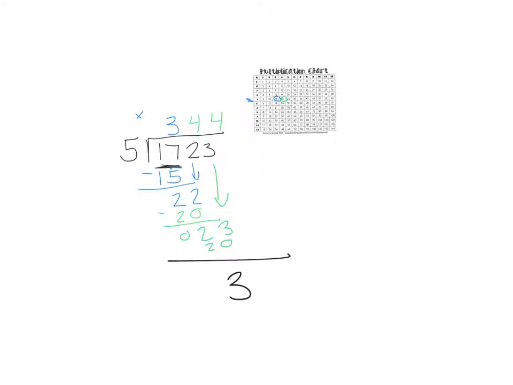Now, I don't have any more numbers in this column here. We can see that there is nothing right here. So that means that this 3 down at the bottom that I just got from subtracting is my remainder. So my answer is 344 remainder 3.